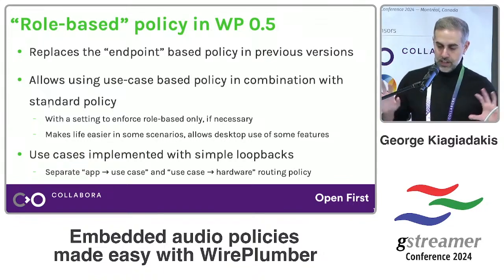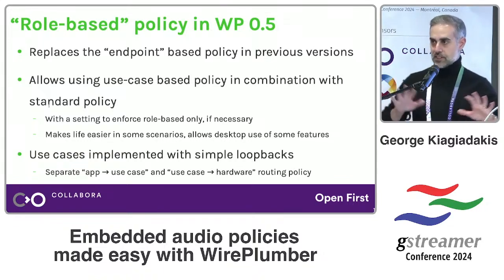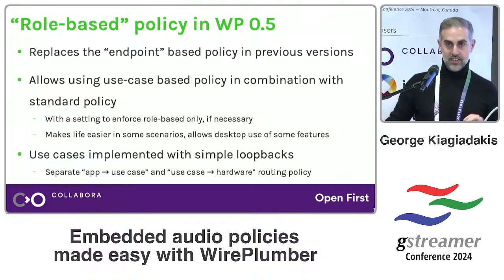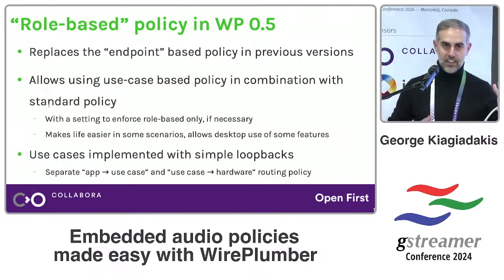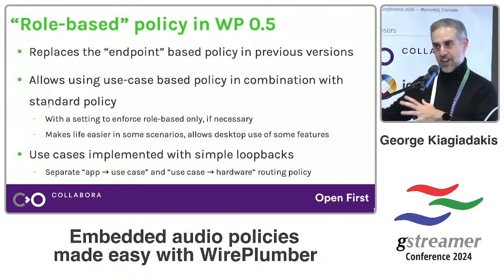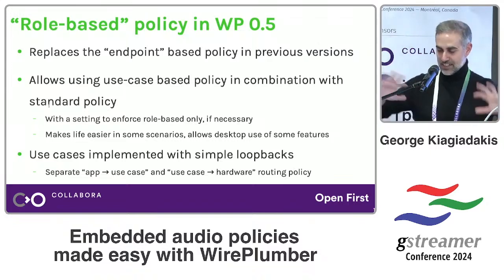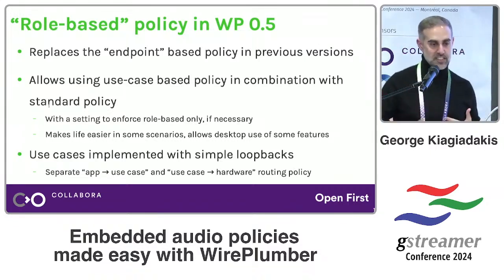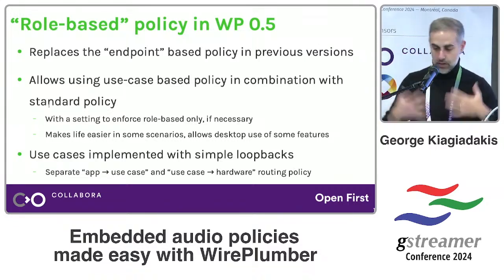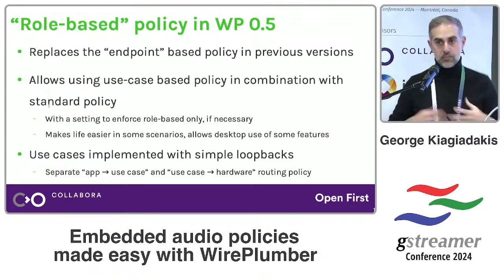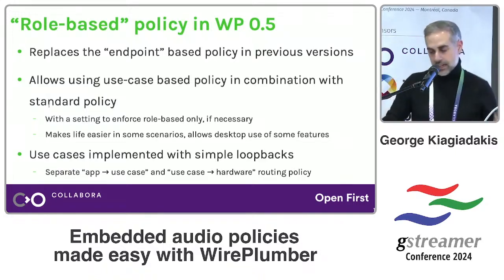So I was trying things for embedded, and Wim was trying things for desktop, and we thought that we would converge, but then we didn't exactly converge, and we started iterating on those designs. Finally, on my side, I reached a point where I said, okay, this endpoint-based policy doesn't make sense anymore. We should simplify and make it easy for people to use, because that was complicated enough.